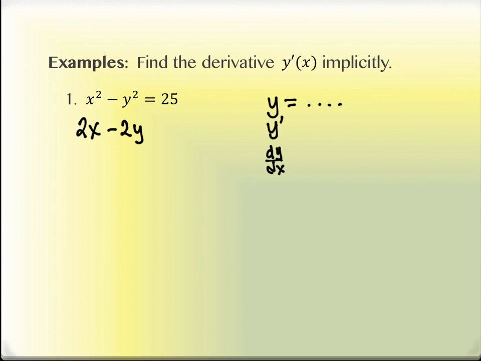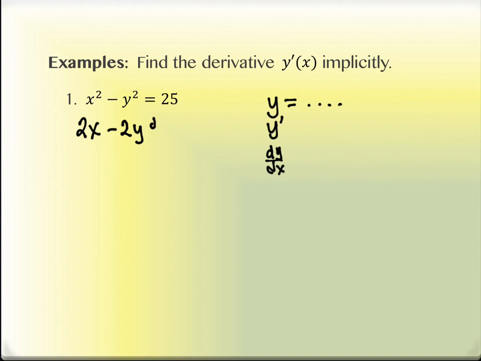Because I don't want us to lose the prime associated with the y, I'm going to write what I'm about to write down as dy dx. But if you really want to use the y prime, you can. It's okay. I've taught it that way and done it before that way too. But I don't want to lose the y prime, and I'm afraid that we might. So whenever we take the derivative of y, even if there's y squared to start with, and we do it to 2y, the next thing we do is we say, what is the derivative of y?